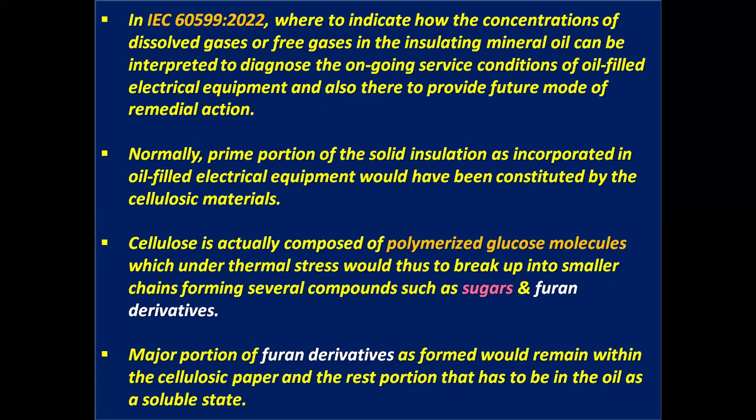Cellulose is actually composed of polymerized glucose molecules, which under thermal stress break up into smaller chains forming several compounds such as sugars and furan derivatives. The major portion of furan derivatives formed would remain within the cellulosic paper, and the rest would be in the oil in a soluble state.